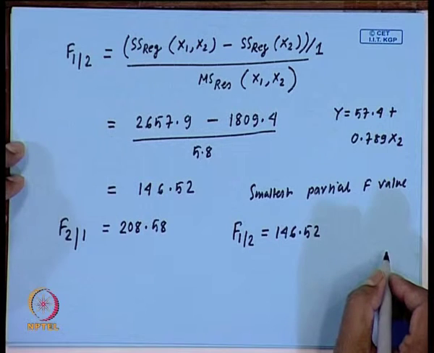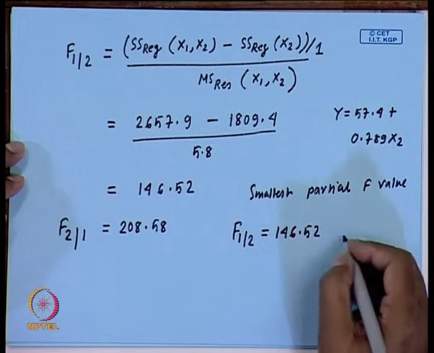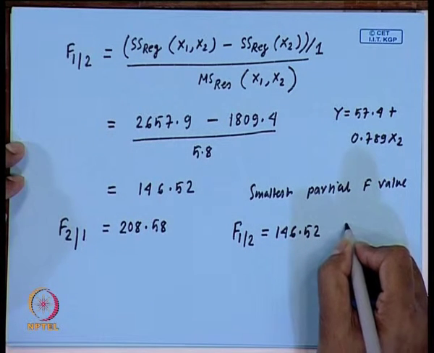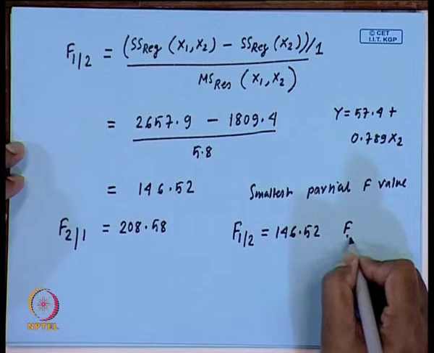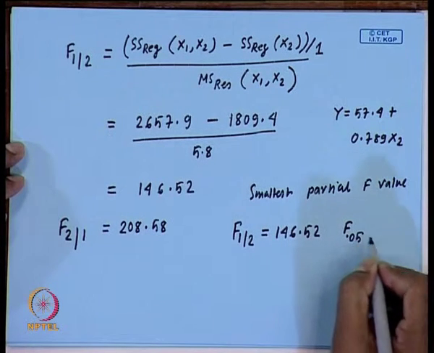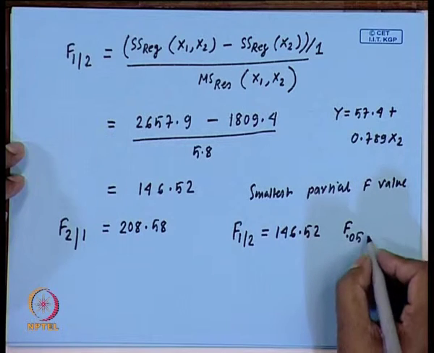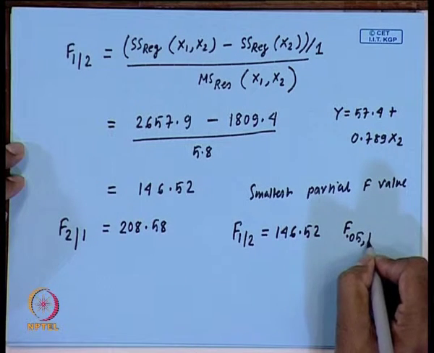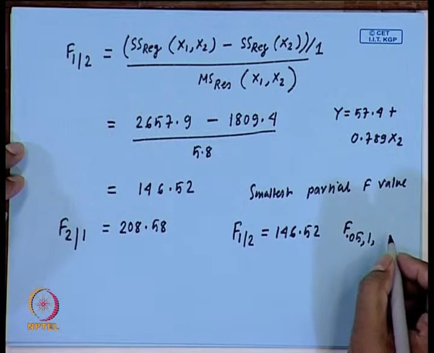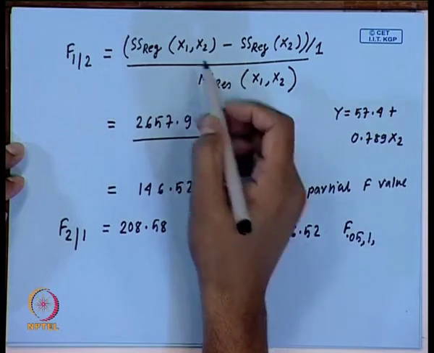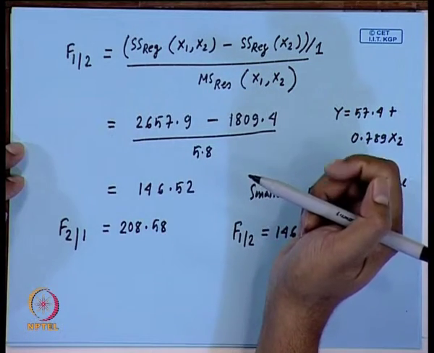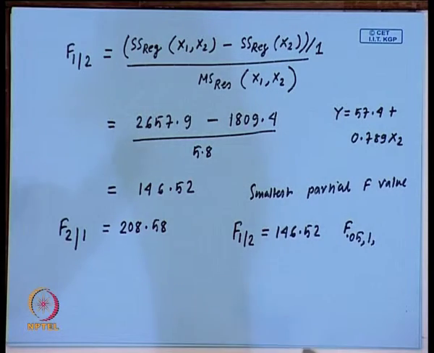146.52, and we compare this value with the tabulated value, that is F0.05 with degree of freedom 1, and if there are 2 regressors in the model, then the number of unknown parameters is equal to 3.